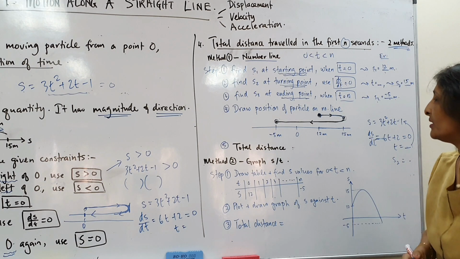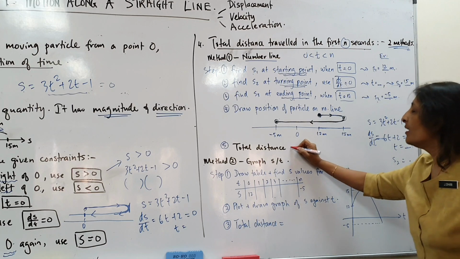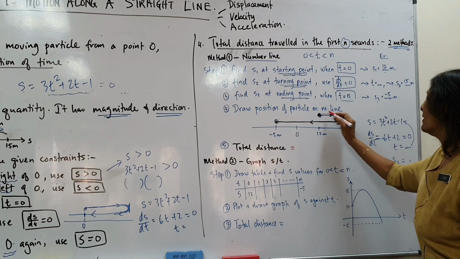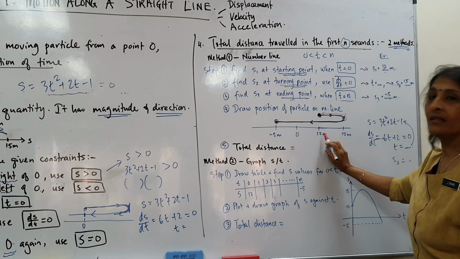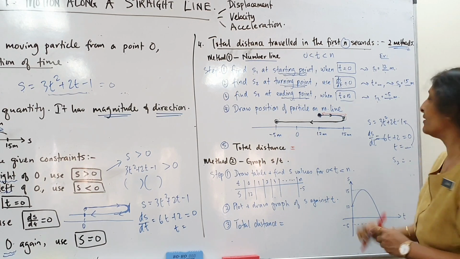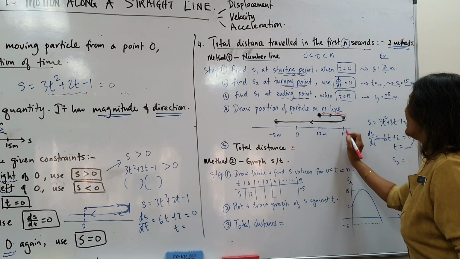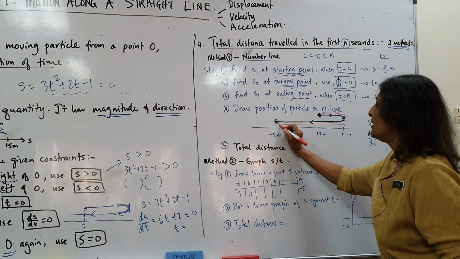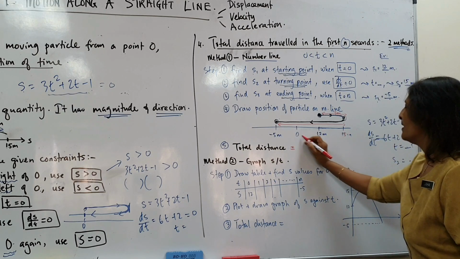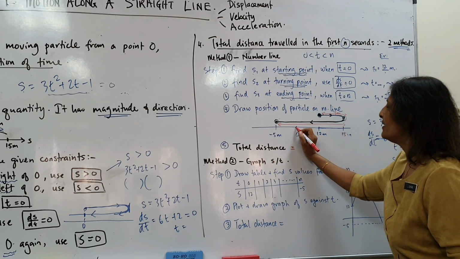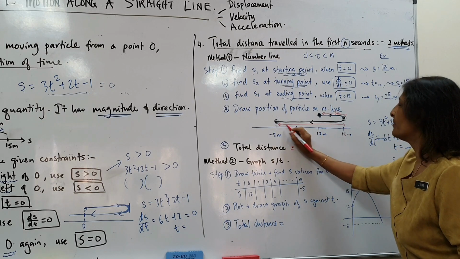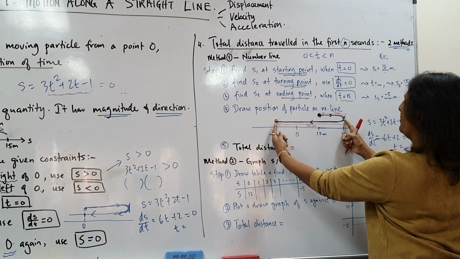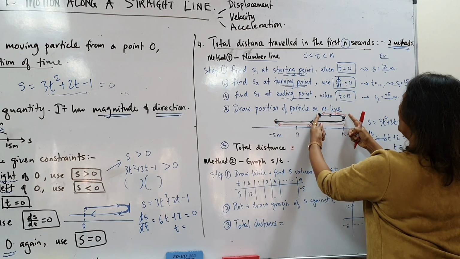Now we're going to find the total distance from this picture. What is the distance from here to here? It is 15 minus 12, that is 3 meters. Then from here to here is the whole thing: 15 plus 5, totally 20 meters.